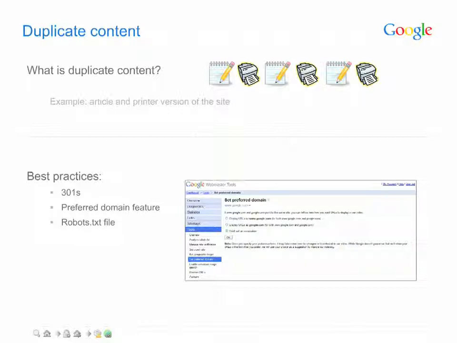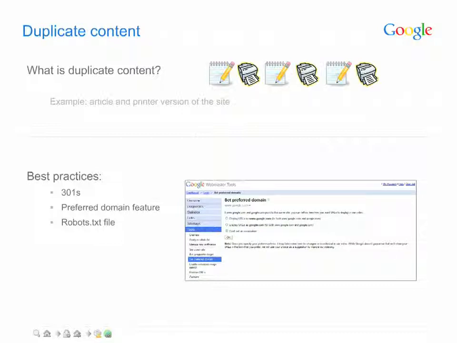With duplicate content on your own site, your best bet is to minimize the duplication in the first place. Use 301 redirects to forward visitors to a preferred page, consistently link to the preferred version, and list it in place of other versions in your XML sitemap.